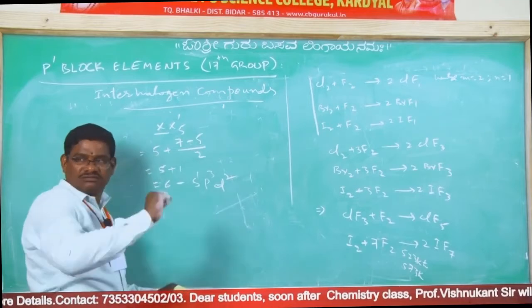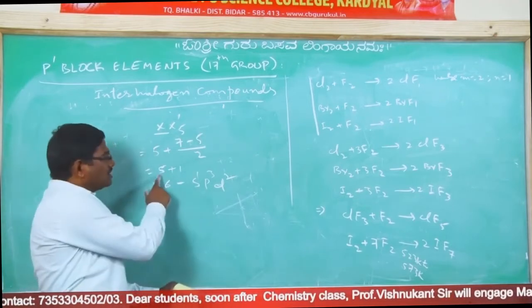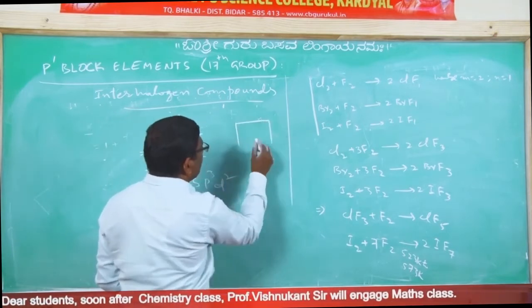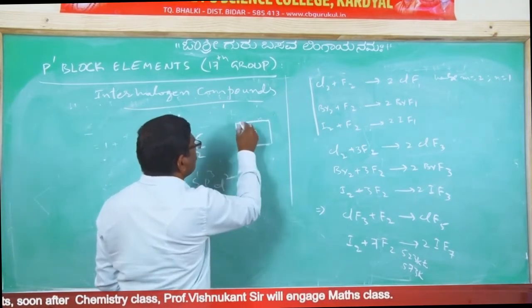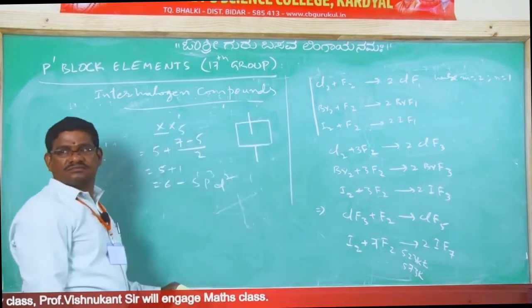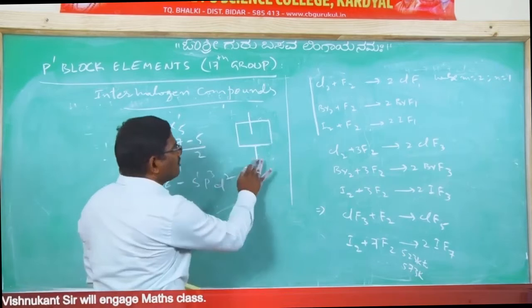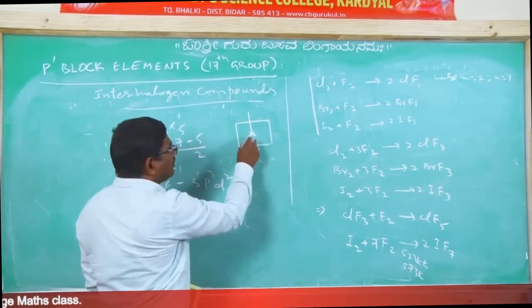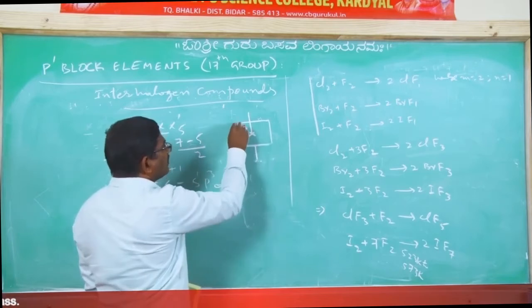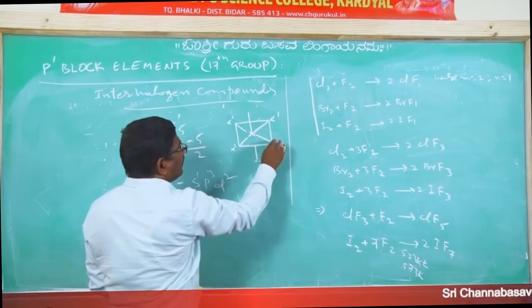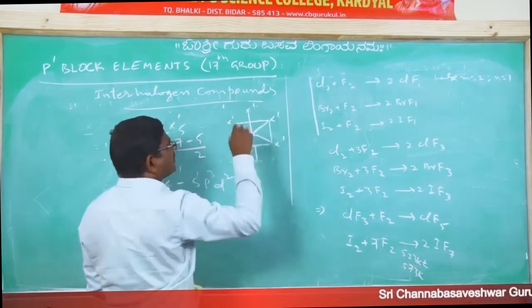It is not the original, it is deviated, right? Deviated, here actually it is octahedron. Clear na? Like this. In this case, one of them is a lone pair. Here one X', here one X', here one X', and here also X'.